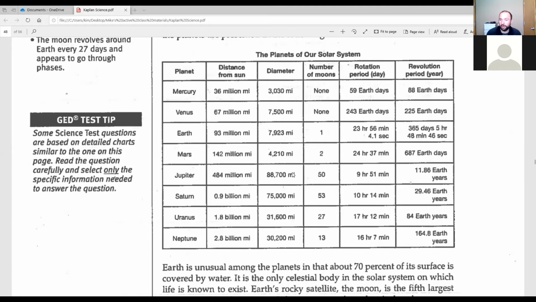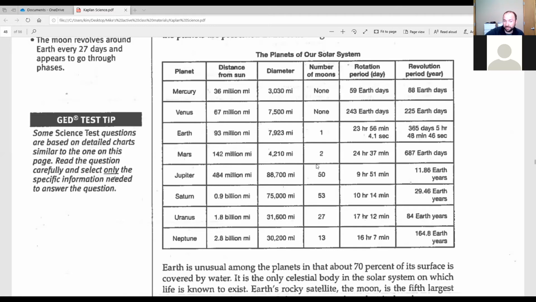A day on Jupiter is only 9 hours in our time, like 9 hours and 51 minutes. So in 10 hours, Jupiter, even though it's giant, it's spinning so fast, it does a whole rotation around its axis in just under 10 hours.